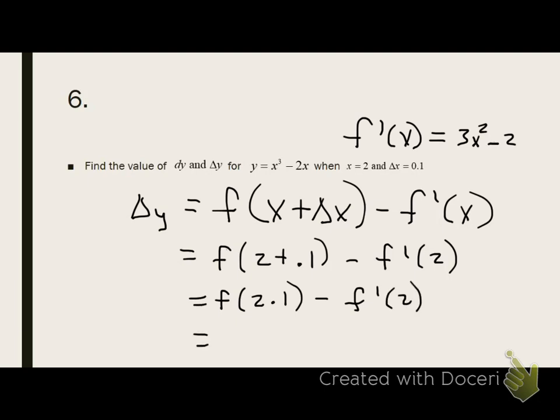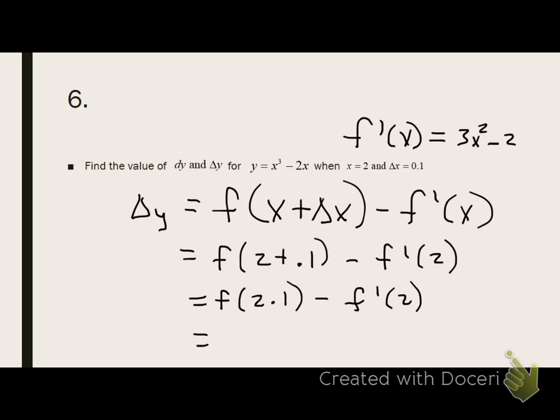Okay, let's find f of 2.1 first. So I'm going to go right here to my f function. Everybody grab their calculators. What's 2.1 cubed minus 2 times 2.1? I'm going to let you guys crunch those numbers and solidify that we're all in agreement.